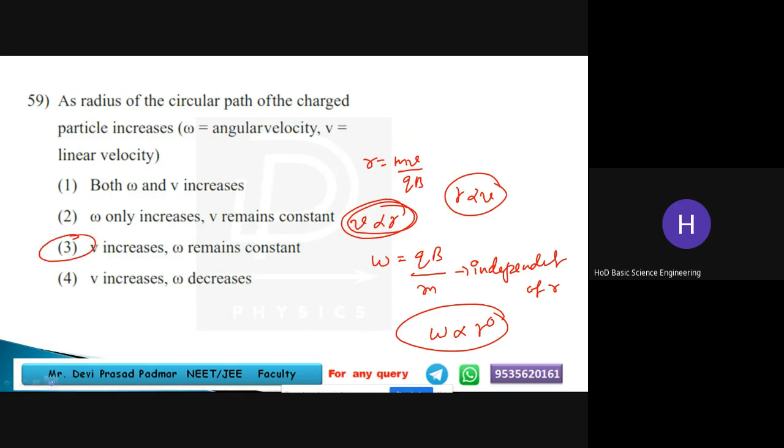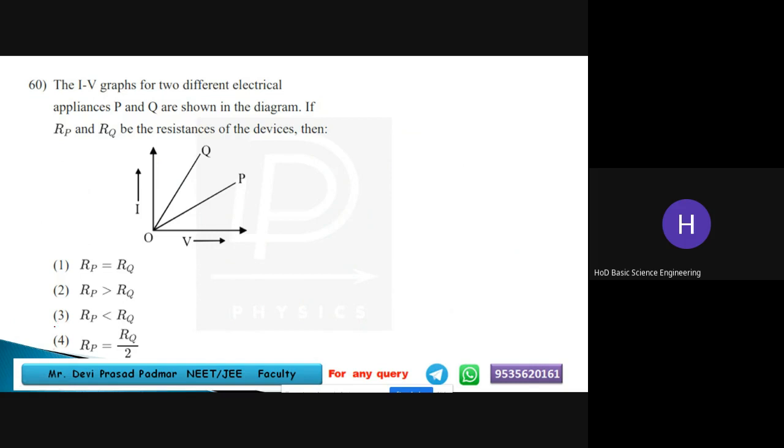And the last one, the graph of I and V is given. You know, as resistance increases, I must decrease. So just look at this. This is one I value, IQ, and here IP.